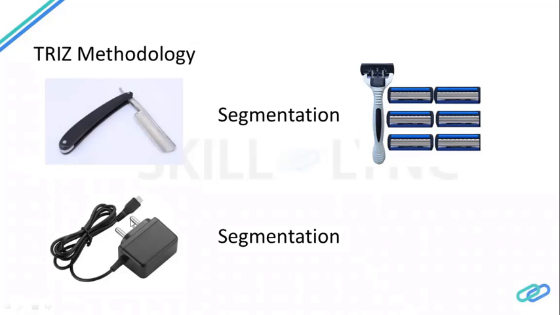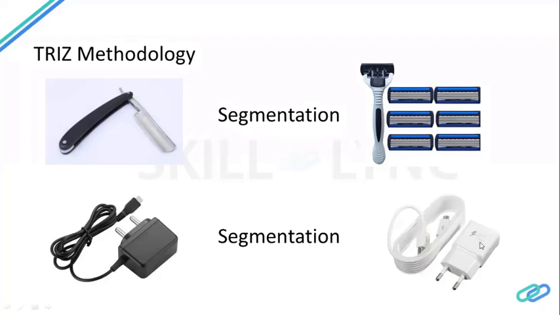Or if there is a problem in the plug, still we have to throw away the complete product. But when you apply the segmentation principle, you get this kind of product where your value is separated. So if there is any problem in the cable, you just throw away the cable. You don't throw away the plug. Similarly, if there is any problem in the plug, you just throw away the plug, not the complete wire. So this is basically the TRIZ methodology.